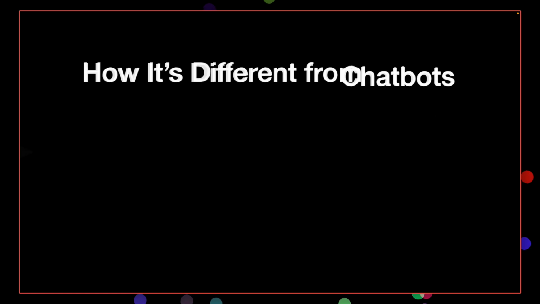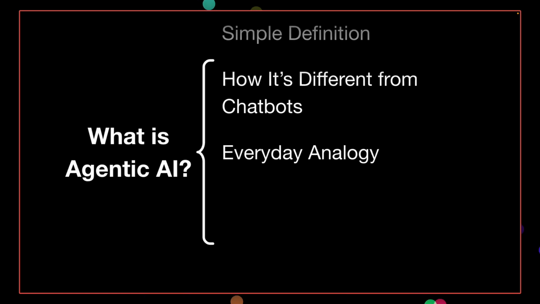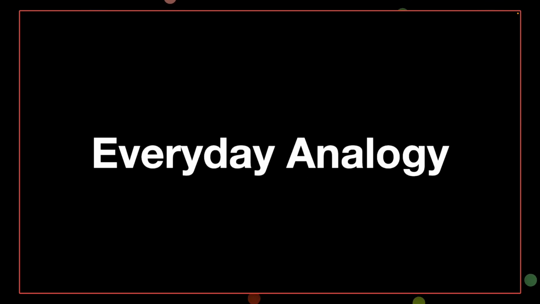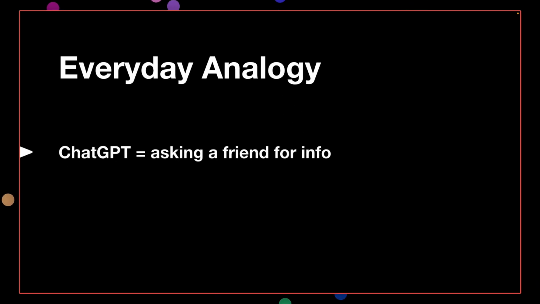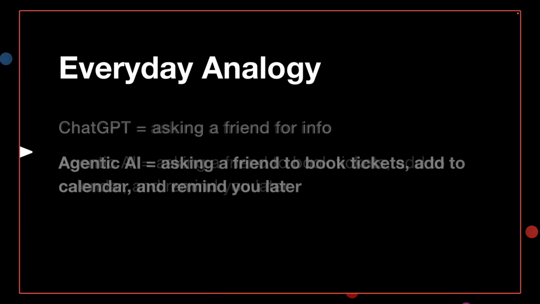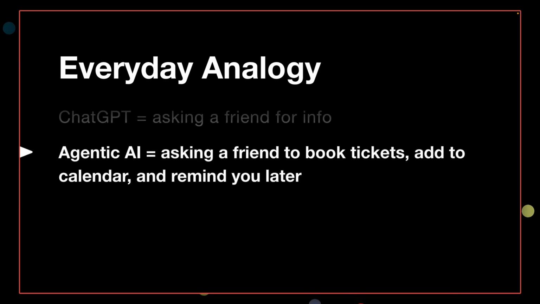To give you a simple analogy about the difference between traditional AI and agentic AI, think of ChatGPT as asking a friend for information about a flight. An agentic AI system is about asking the same friend to book your flights, add them to the calendar, and remind you a day before the trip.